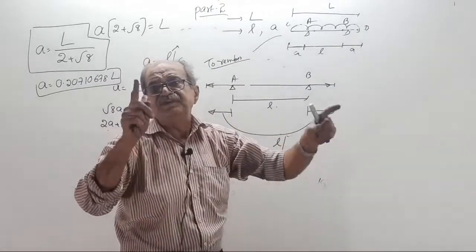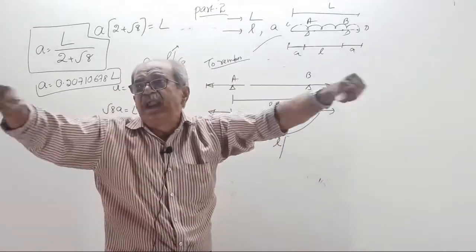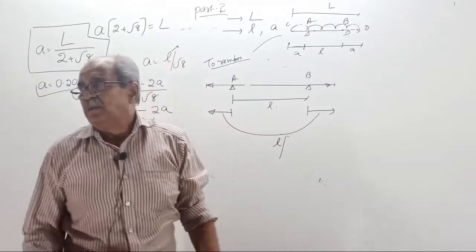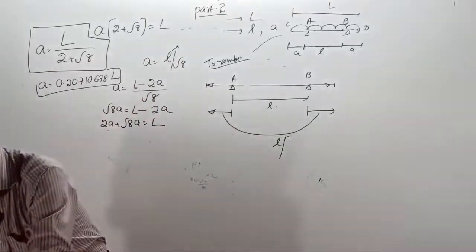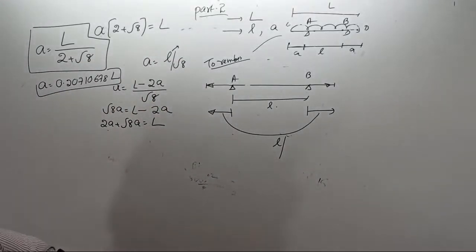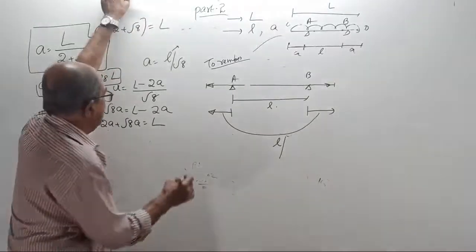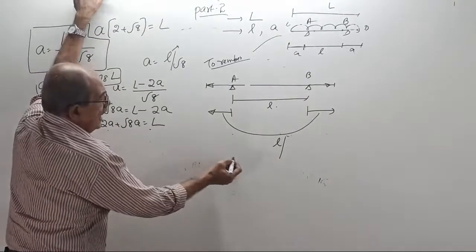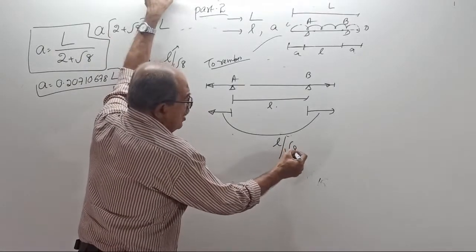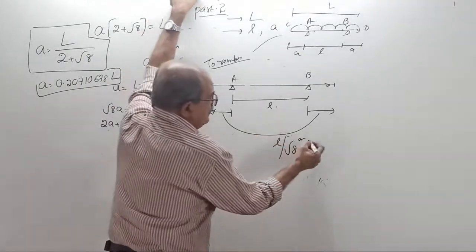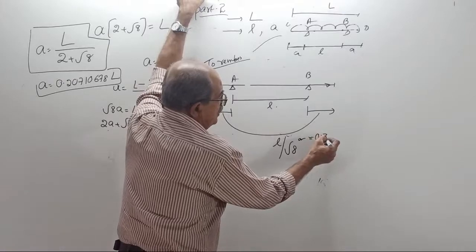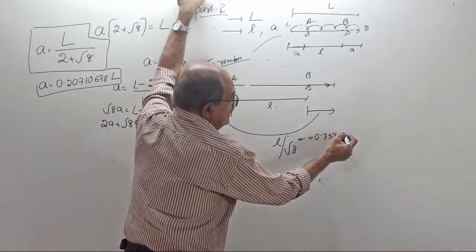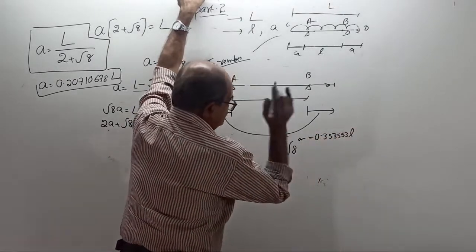If you know the distance between the supports, extend the beam further on either side by L by what? Remember the correct number: L by root 8, or you can say that it is almost equal to 0.35 times L.